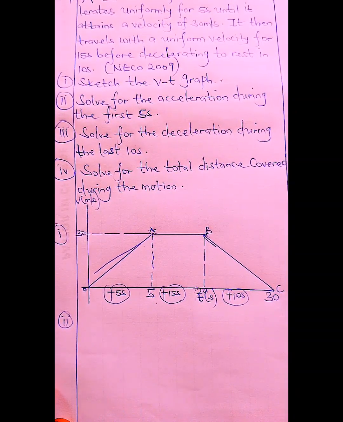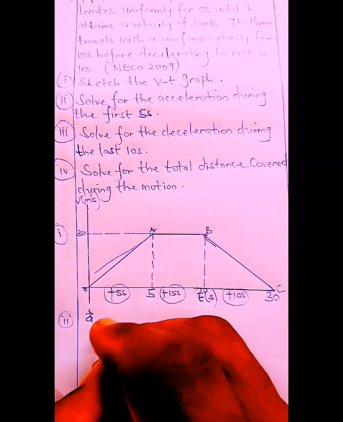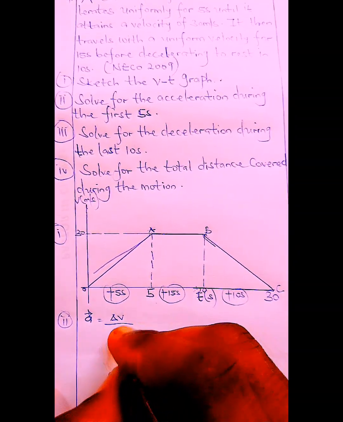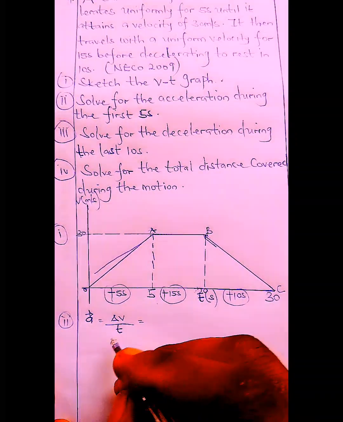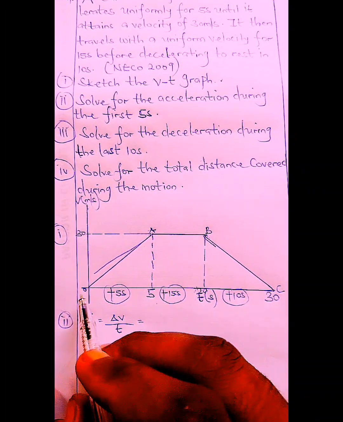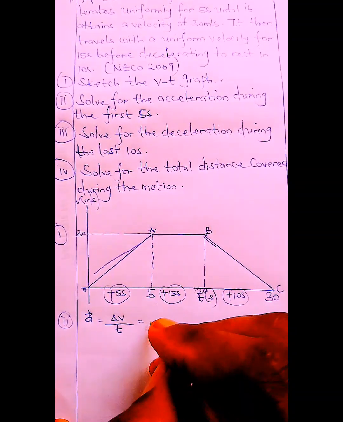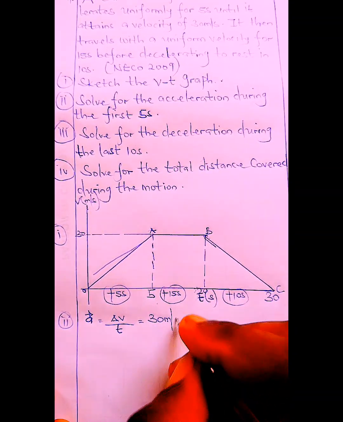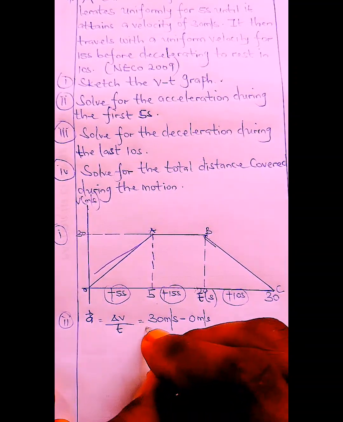Now don't forget, acceleration, which is the same thing as average acceleration, is change in velocity over time taken, or change in velocity over change in time taken. Acceleration is a vector quantity. The body started from nothing and accelerated up to 30 meters per second. So that'll be 30 meters per second minus 0 meters per second over a change in time.